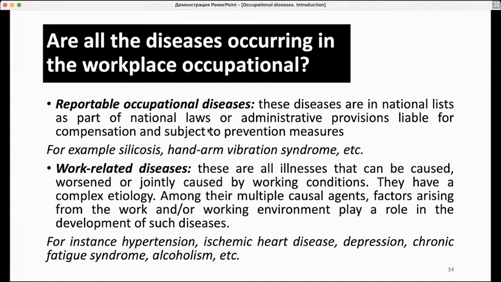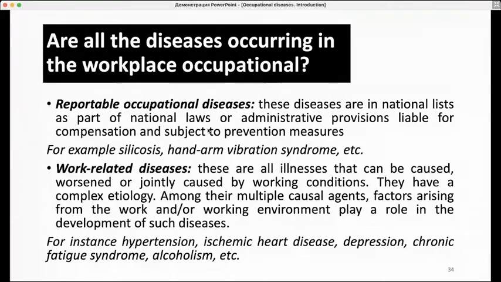For example, blood hypertension, or ischemic heart disease, or depression. For example, in a teacher who teaches students who do not like to read and study his subject, or chronic fatigue syndrome in a teacher who wants to teach students and wants them to study and he couldn't.